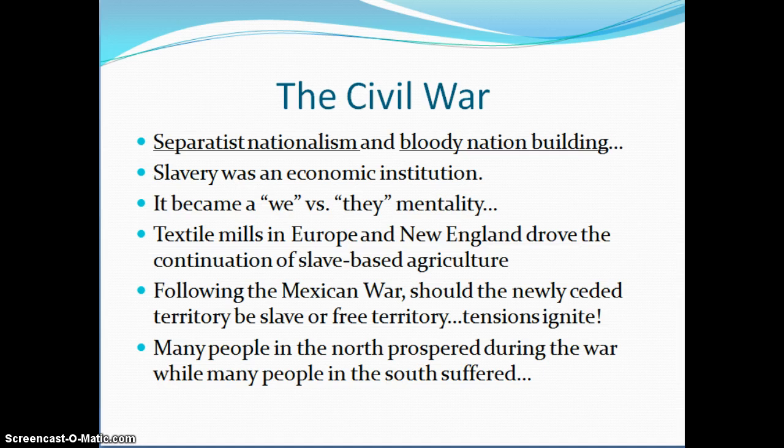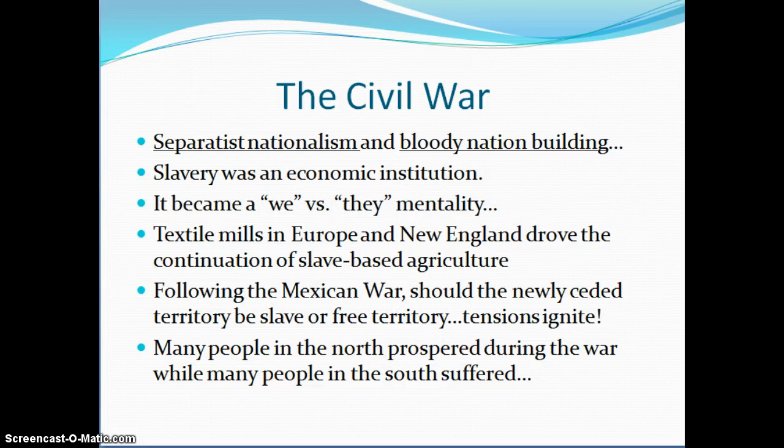Textile mills in Europe and New England drove the continuation of a slave-based agriculture, the necessity for cotton, and not having a great way to produce it, it needing to be handpicked, reinvigorated slavery in the United States. And it's of note that by this time, slavery has been outlawed in England and in many places in Europe.